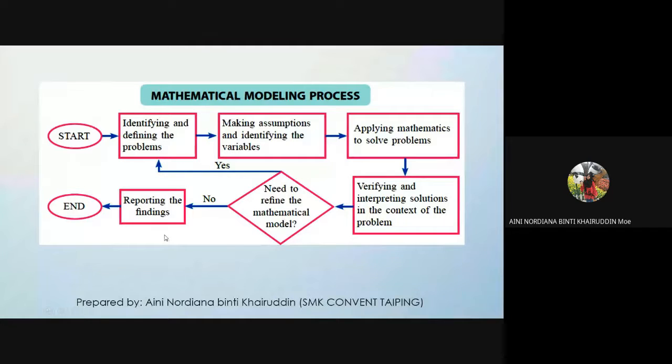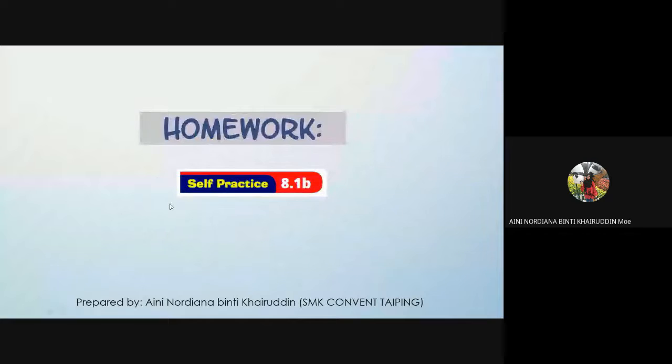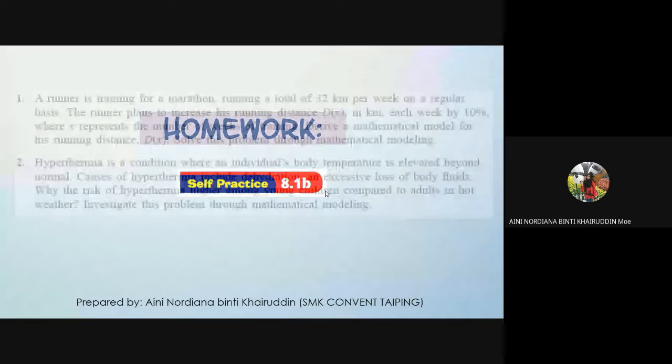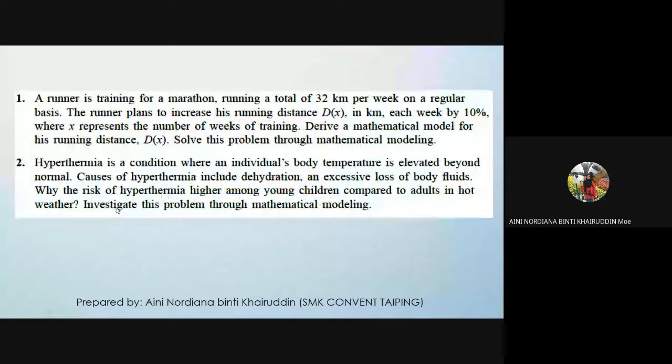So this is your homework. Self-practice 8.1D. Kat dalam latihan ni ada 2 soalan. Boleh tengok. 2 soalan ni kena buat daripada first step sampai step yang terakhir. Bila soalan tu solve this problem through mathematical modelling, maksudnya kena buat 6 step tu lah.